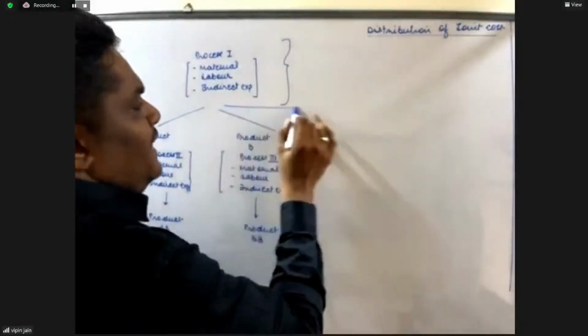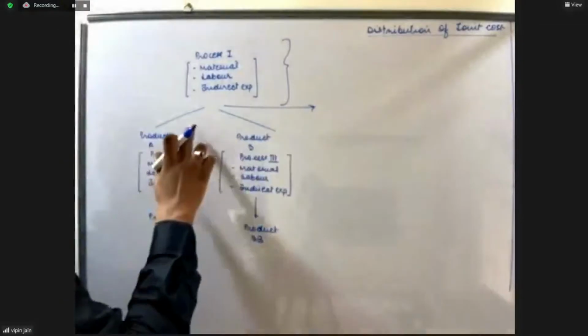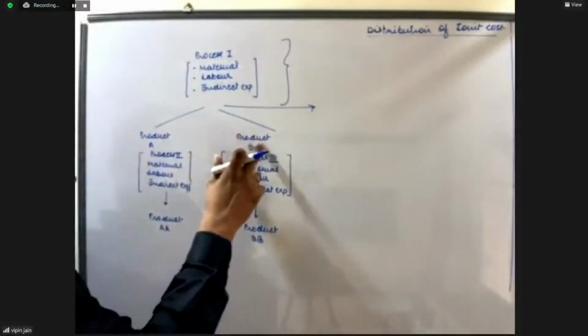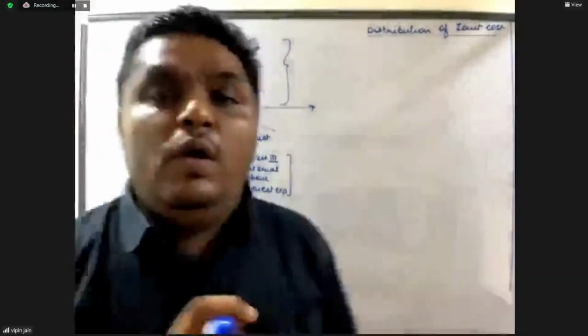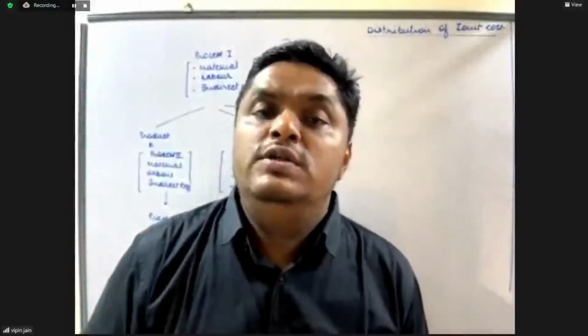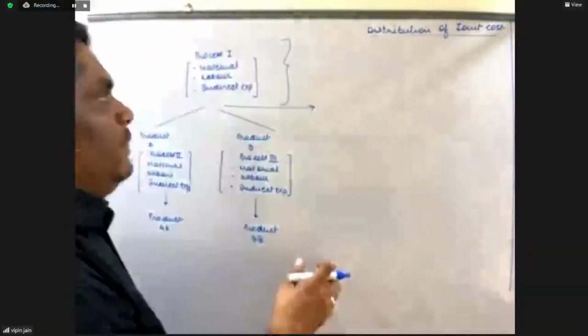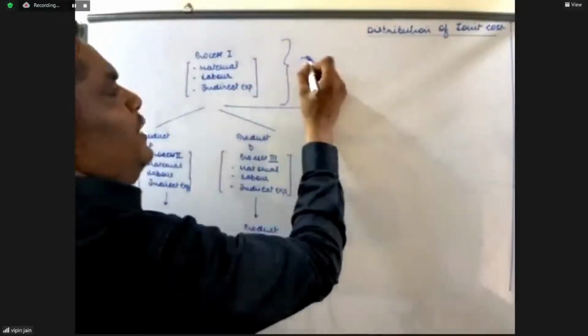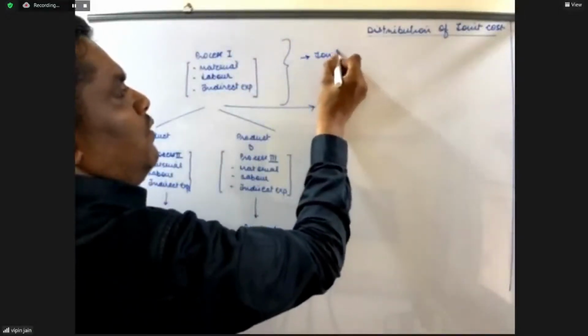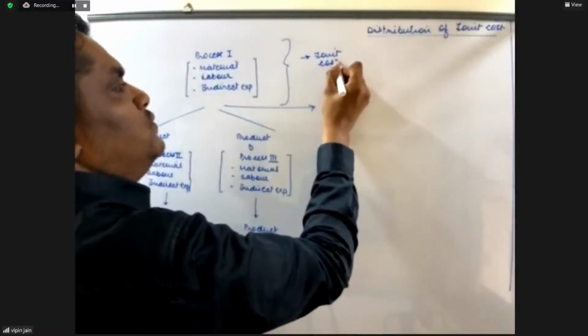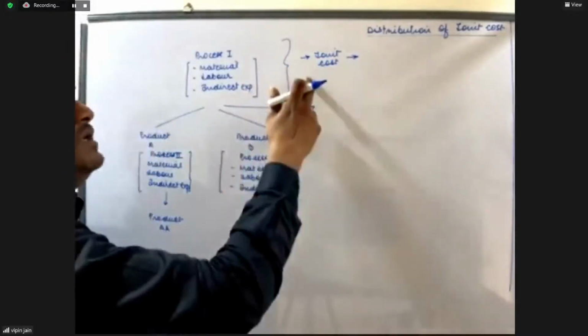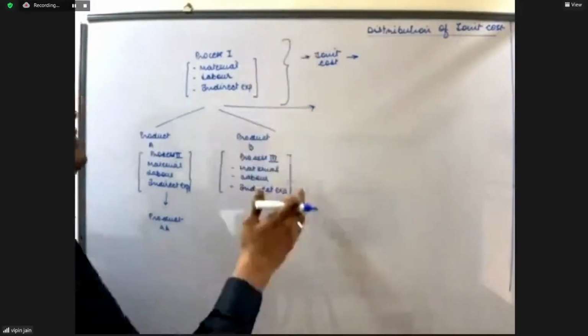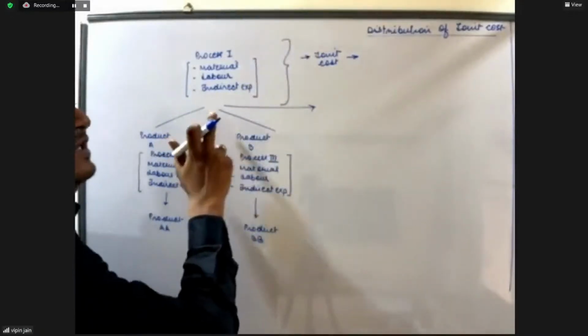Further, we can call this point wherein two products emerge out, product A and product B, the point of separation or split off point. So the cost of process first we call the joint cost. When talking about joint cost, what is joint cost? The cost incurred before the point of separation. This is the point of separation.